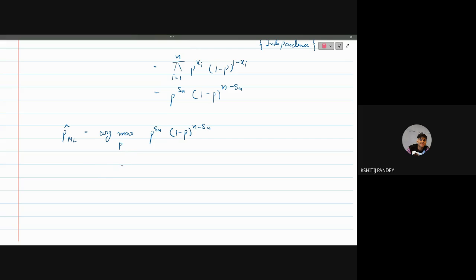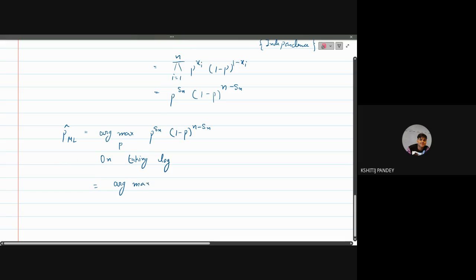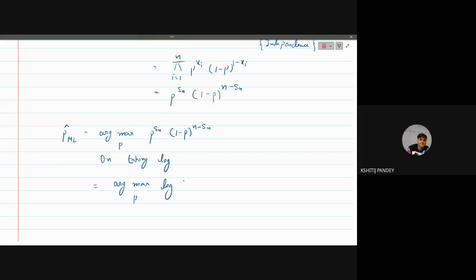So on taking log, this will be equal to argmax of log of the entire thing. So log of p raised to the power Sn into 1 minus p raised to the power n minus Sn.